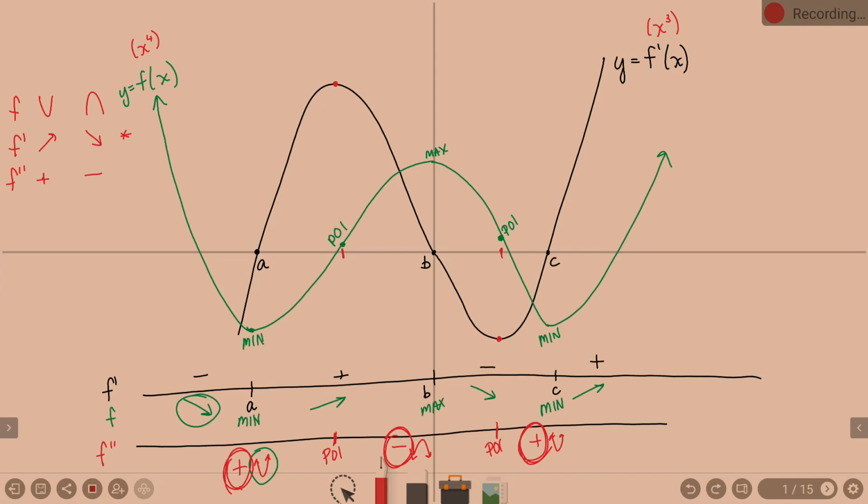To the left of my POI, my graph is positive. In between my POIs, my graph is negative. To the right of my other one, it's positive again. Something like that is my second derivative. It's a mess to see, isn't it?